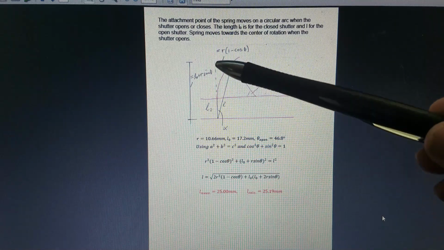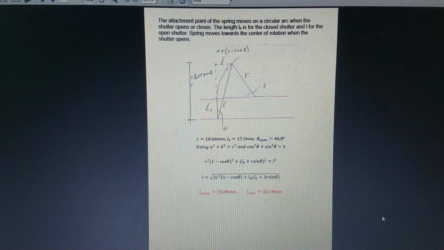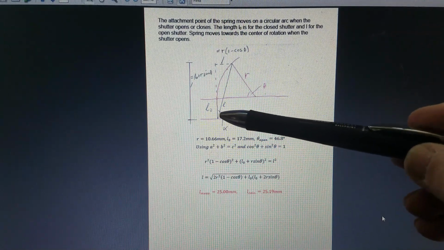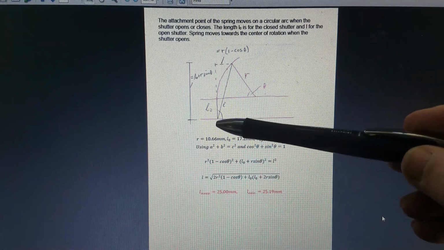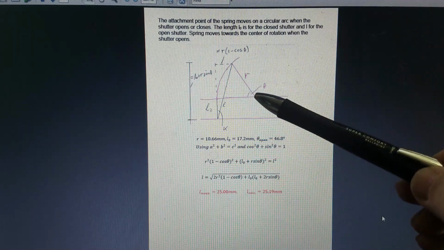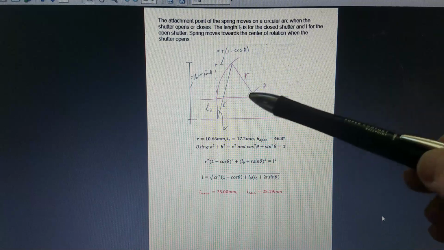We can approach this by using a squared plus b squared equals c squared, except that of course here we have a as the unextended length, or length at angle 0, L0, plus radius times the sine of theta here.